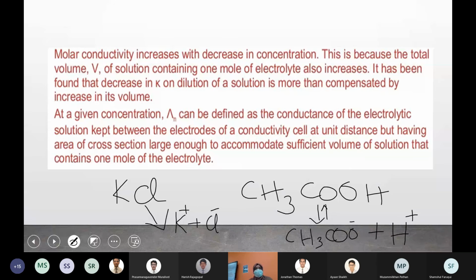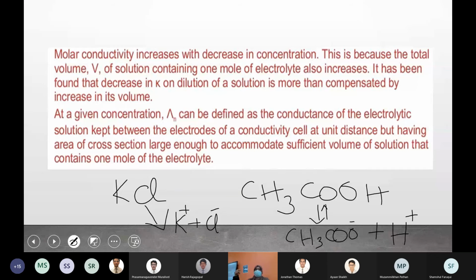So what happens is, for a weak electrolyte, when you are diluting, the degree of ionization increases. Maybe when you prepare a solution, there are only 10 molecules ionized. But when you are diluting, maybe 50 molecules are ionized, meaning the number of ions increases, which increases the conductivity or conductance. That is why for a weak electrolyte, the graph is going steeper.